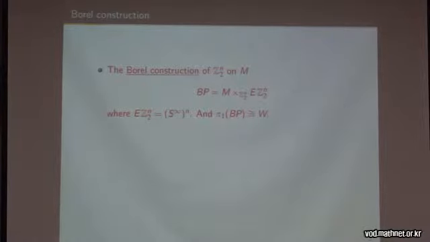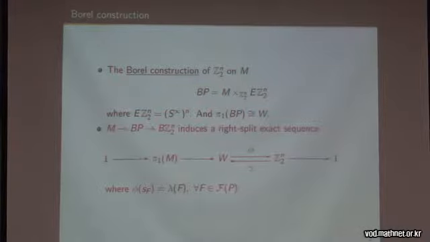We consider the Borel construction of small covers, denoted BP, where EZ_2^n is equal to the n-th power of S infinity, and its fundamental group is isomorphic to the Coxeter group.